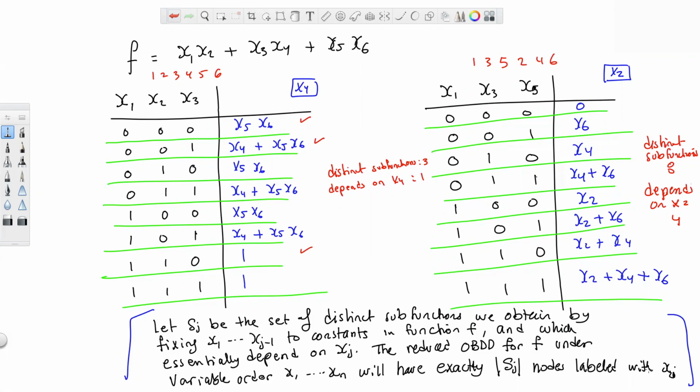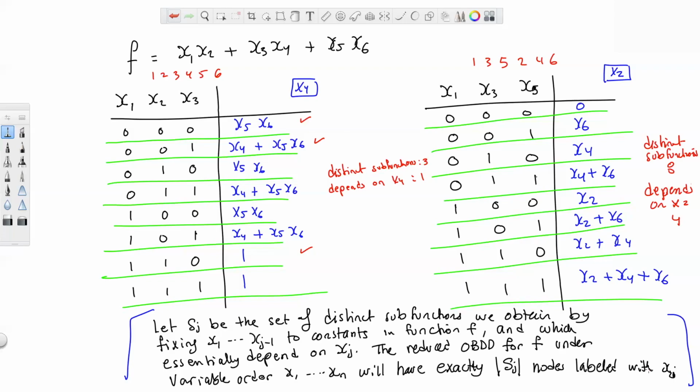But the connection is even stronger, because the caching technique was really at the heart of trying to put a bound on the number of distinct subfunctions. Therefore, it was not only a technique to make things efficient, but it could also be used to bound the size of the OBDD based on this theorem.